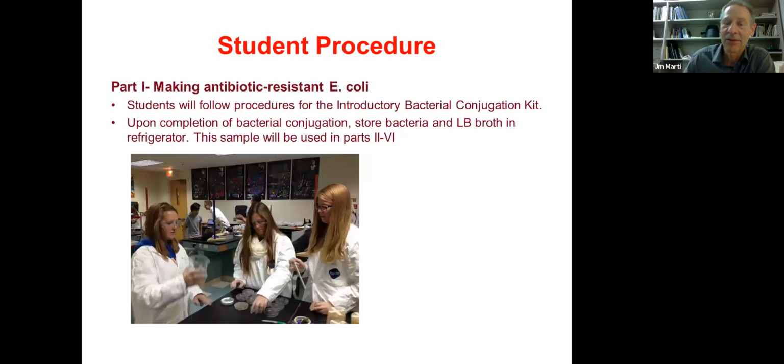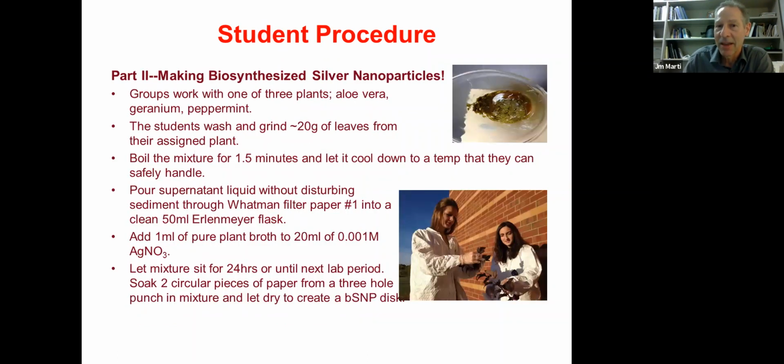Students first had to make some antibiotic resistant E. coli. So this is a senior level class, and they had some experience working with bacterial conjugation kits and so forth. They were able then to produce antibiotic resistant E. coli as a target organism. Then they made the biosynthesized silver nanoparticles. And again, if you're familiar with this, it's a stirred wet chemical process, usually on ice.